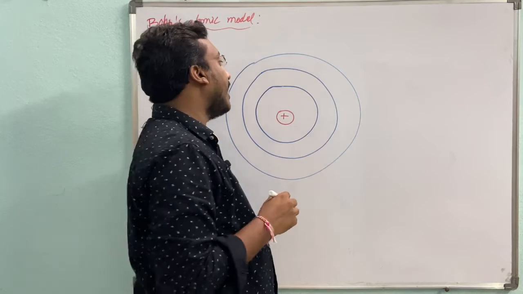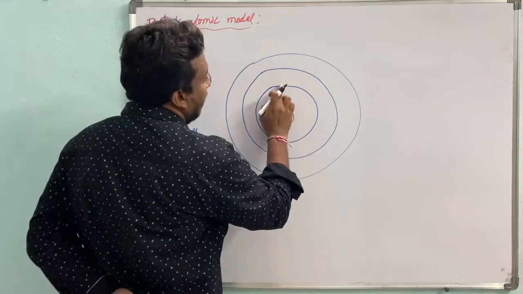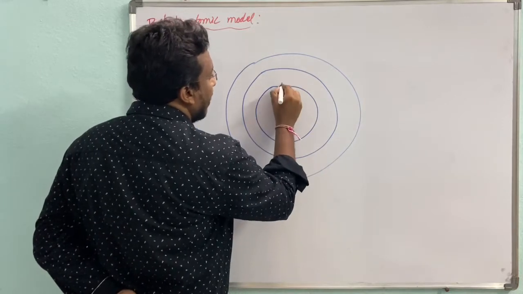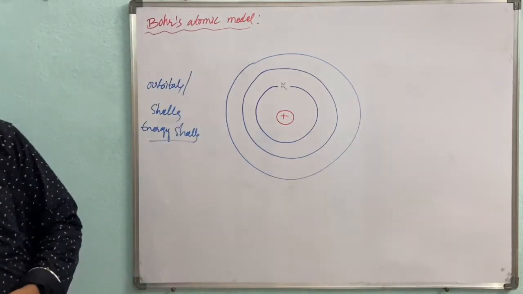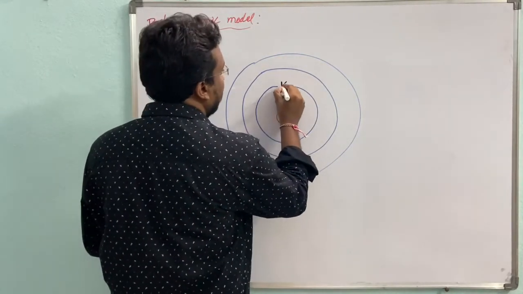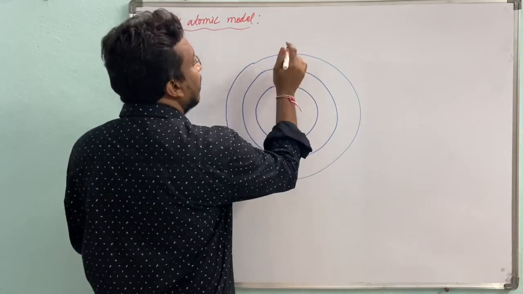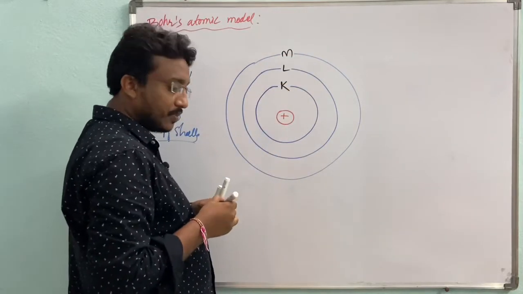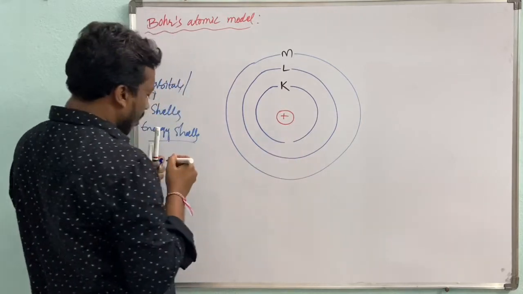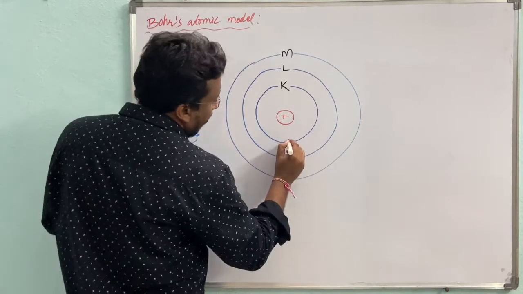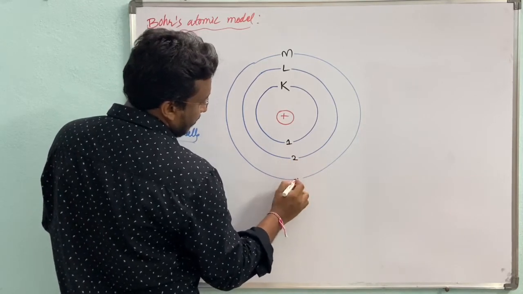Bohr has given names to the shells: K shell, L shell, M shell, and he has given numbers also: first shell, second shell, third shell.